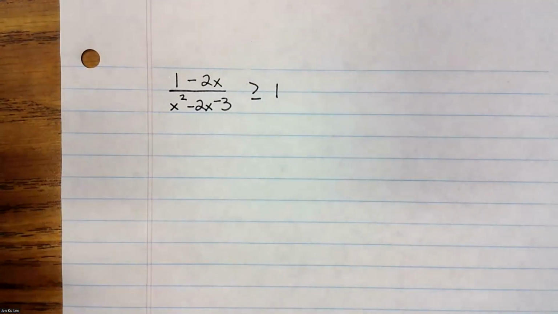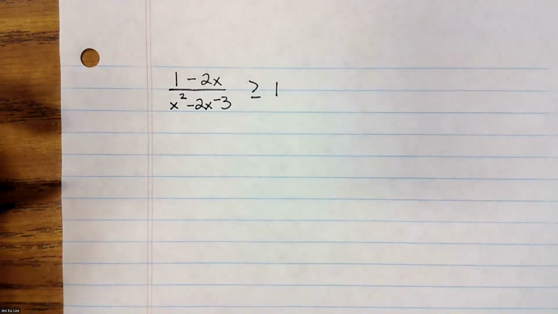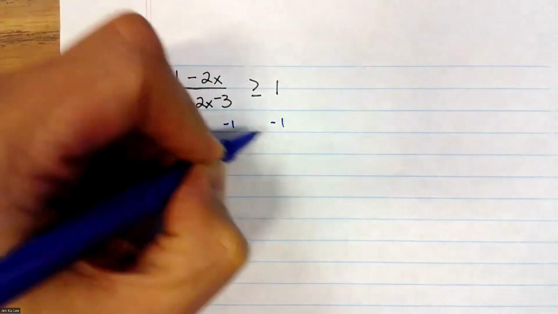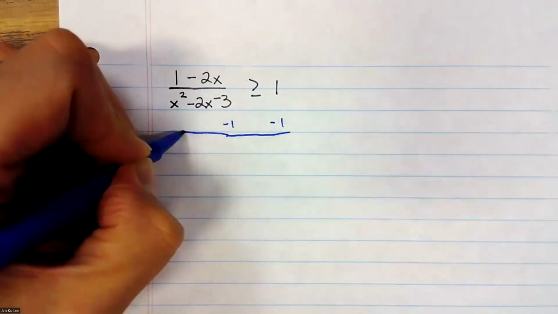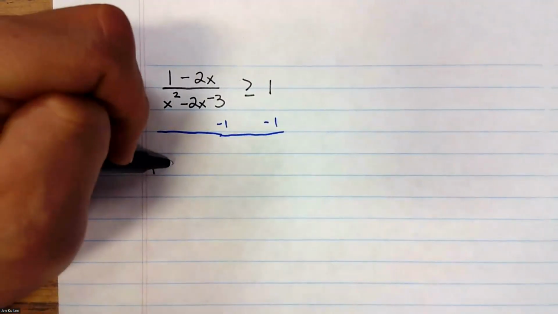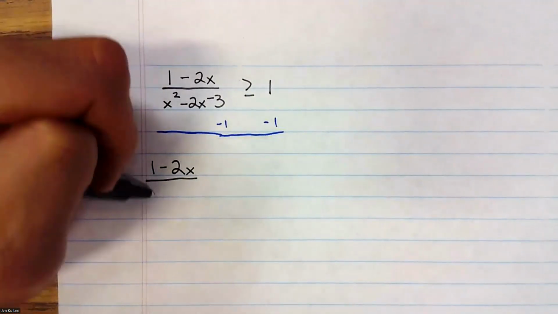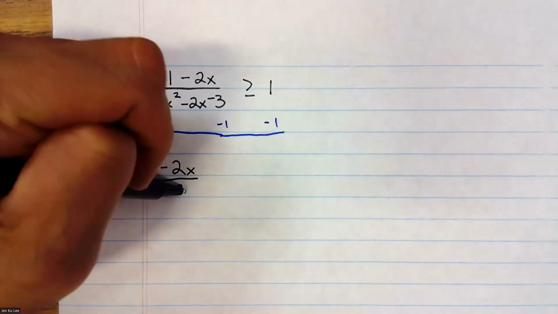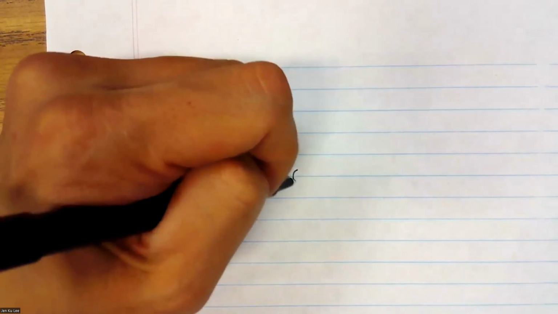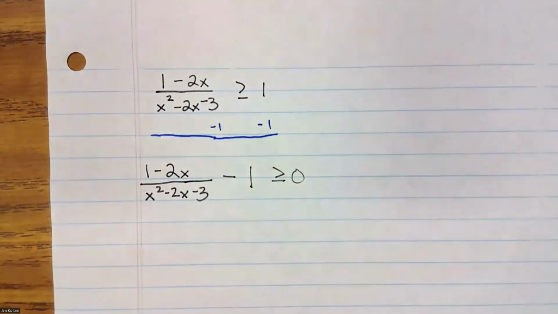Okay, so we're going to make one side equal to 0 first. So here I'm going to subtract by 1. Making this (1 minus 2x) over (x squared minus 2x minus 3) minus 1 is greater than or equal to 0, right?